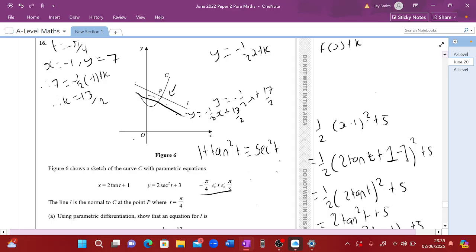What happens if we shift the line down even more? It's going to keep intersecting twice, isn't it? But then it's going to reach a point eventually. Oh, for God's sake.